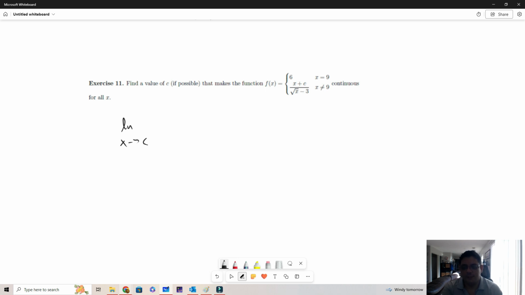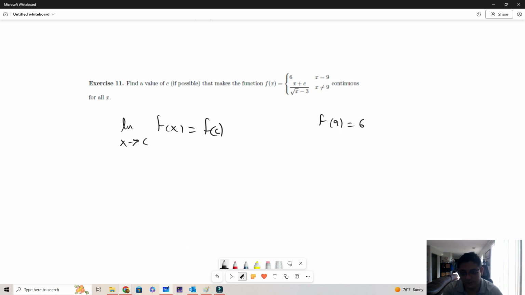The meaning of that is that the lateral limits must exist and they must be the same. This is telling me that f of 9 is 6. So we're going to find out where the continuity is going to happen for x equals 9.